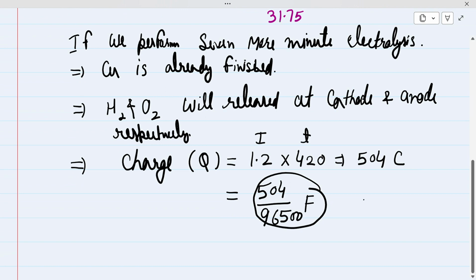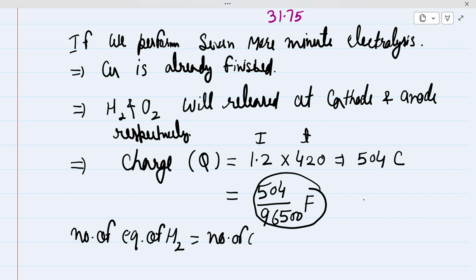This charge will be able to release the number of equivalents of H2 equal to the number of equivalents of O2, which is equal to the number of Faradays passed through the solution.